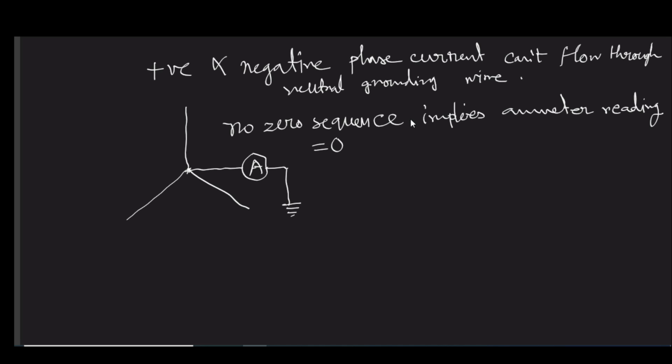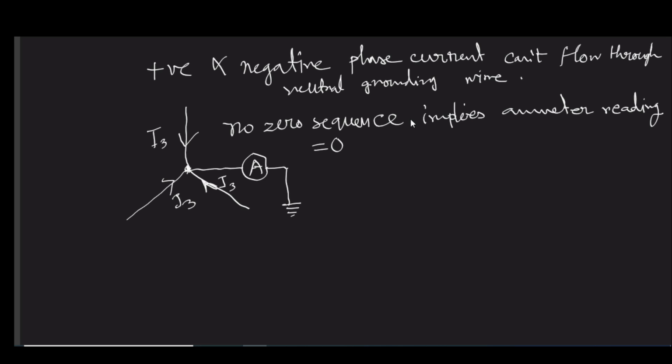because for a balanced three phase operation they are cancelling each other. So at your neutral, their sum will always become 0. But if you consider your third harmonic current, all of them are in phase. Like if this is I3, this one is also I3, this one is also I3. If this is some sine or cos omega t, exactly the same phase will be maintained by all these three currents.